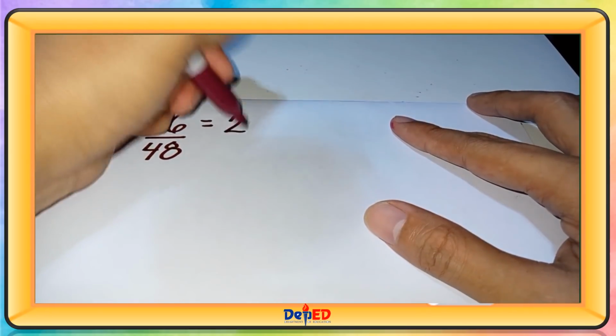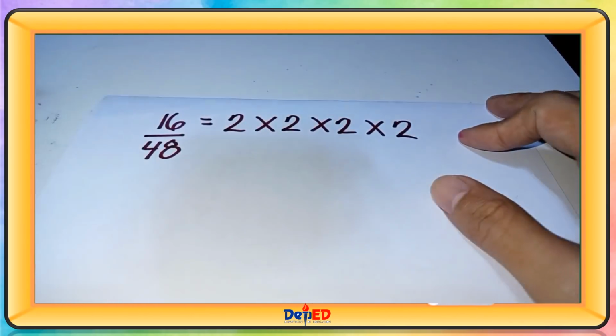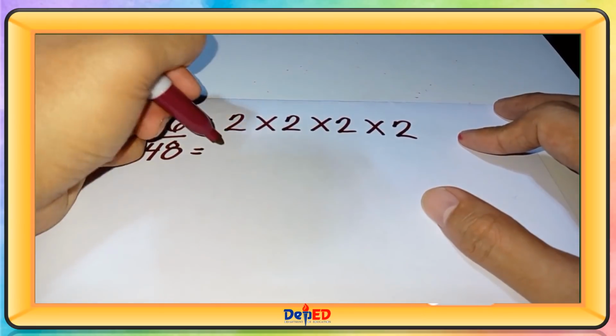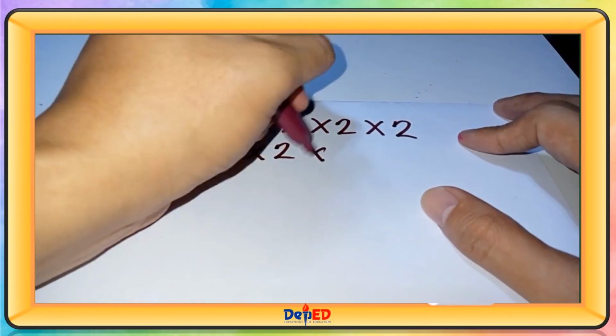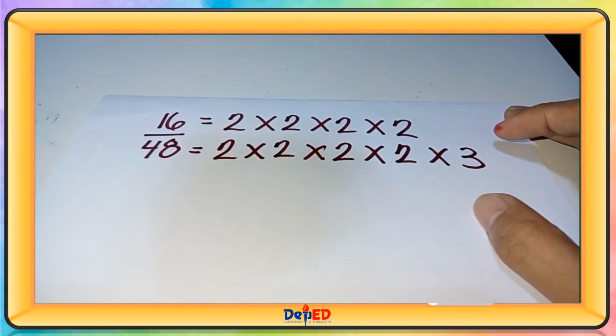16/48. The prime factor of 16 is 2 times 2 times 2 times 2, while 48 is 2 times 2 times 2 times 2 times 3.